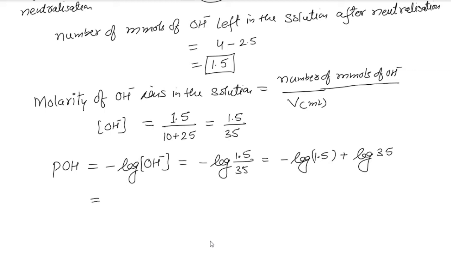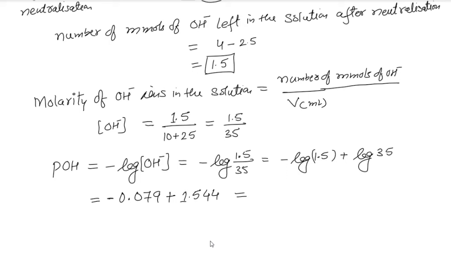What is log of 1.5? It is 0.079. And log of 35 is 1.544, so you can take it as 1.54 as well.